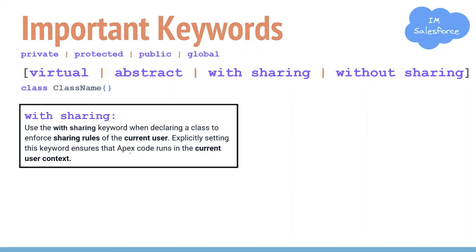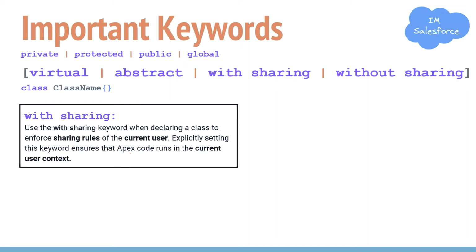Then we have with sharing. Use the with sharing keyword when declaring a class to enforce the sharing rules of the current user. Explicitly setting this keyword ensures that Apex code runs in the current user context. If you want to run a particular change or transaction in the user context, then you have to declare the class with sharing, so it will have access to all the records which are accessible to that user profile, according to their permission sets or the sharing rules.